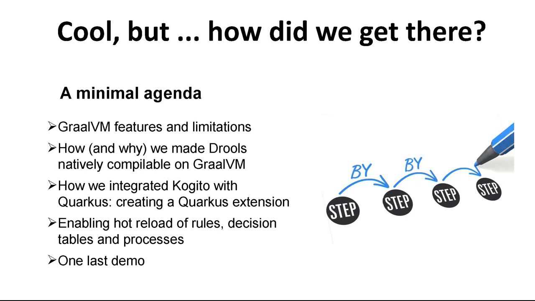So we had to change the rules to fit in this picture, and then we integrated Kogito with Quarkus by developing an extension and also implementing the auto reload, which is the last thing that I will show at the end.